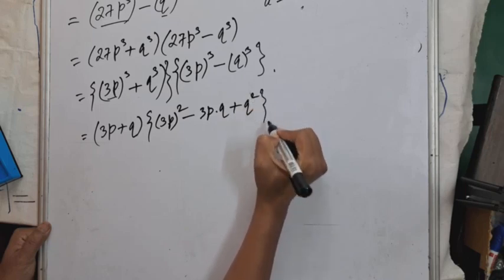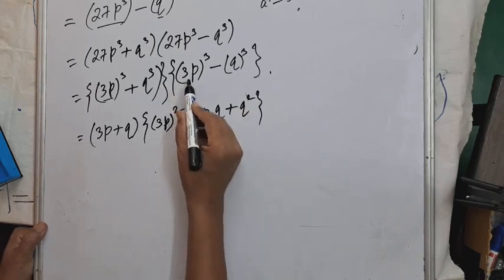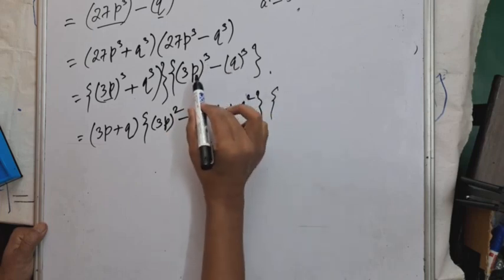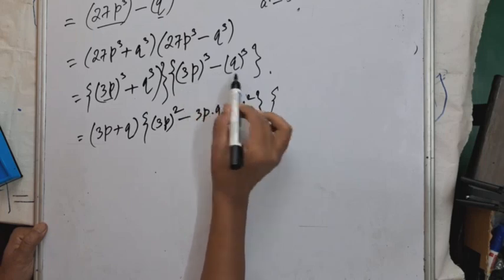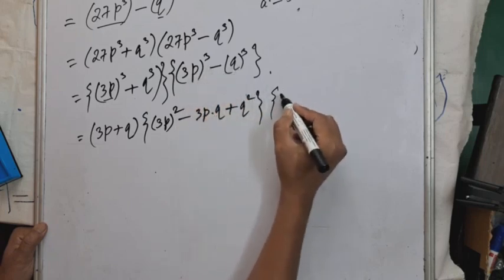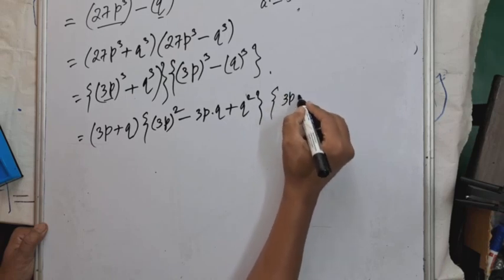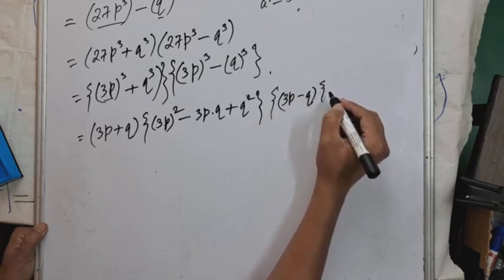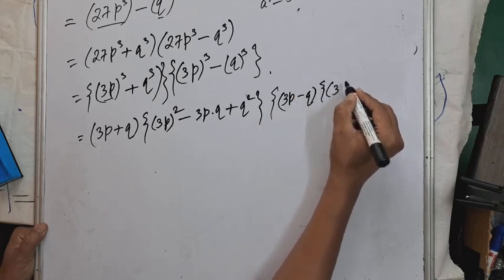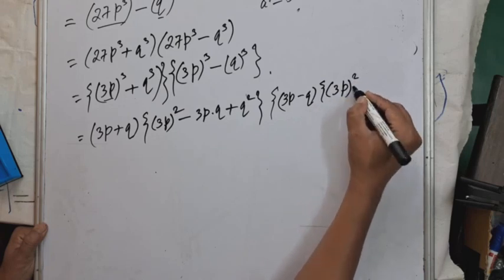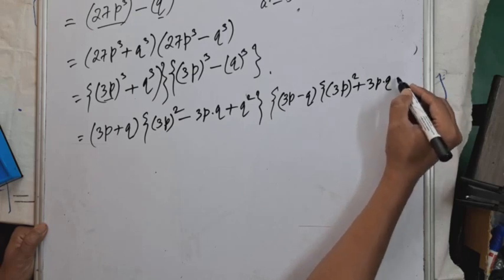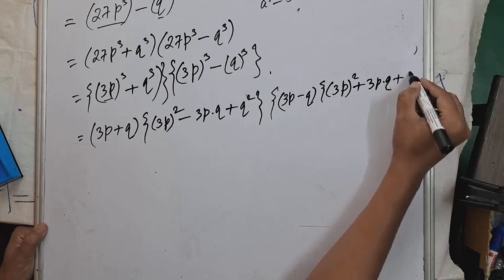Again we have a cube minus b cube, isn't it? In the similar manner we apply the formula a cube minus b cube, that is a minus b into a square, that is 3p square, plus ab, 3p into q, plus b square.